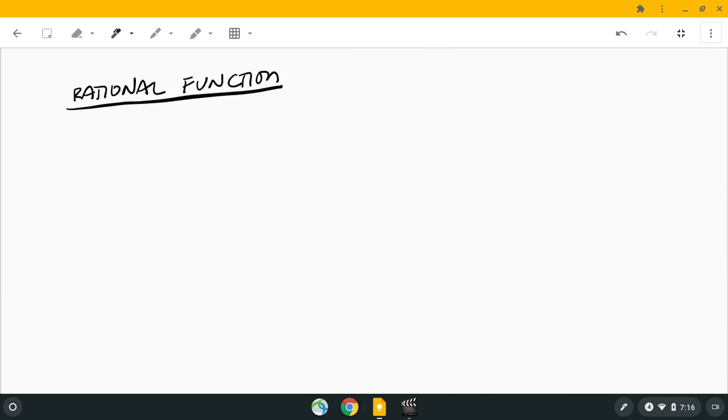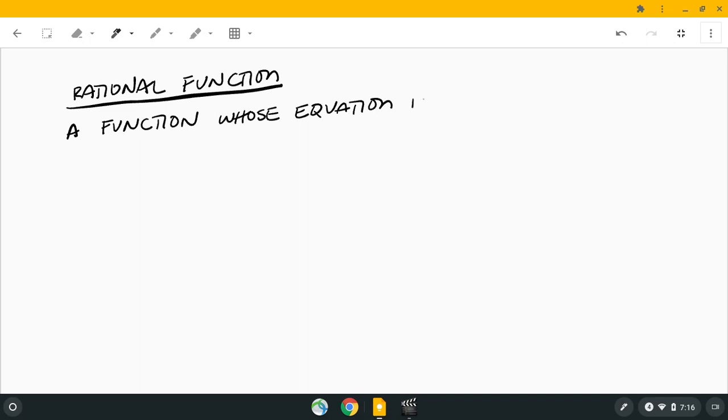Okay, so a rational function is a function whose equation is defined by a rational expression.